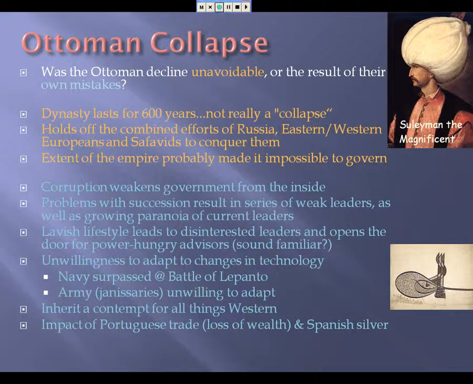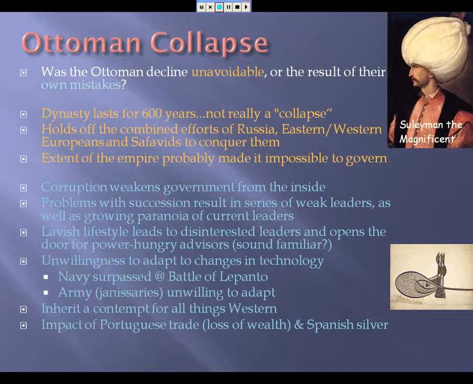So, reasons why it might have been an unavoidable collapse, or not really worthy of being called collapse at all. I mean, one reason is it lasts for 600 years. That's not really a collapse. We often think of collapses as sudden. This is more like a 600-year period of decay.